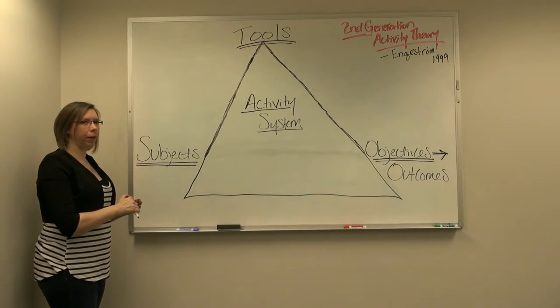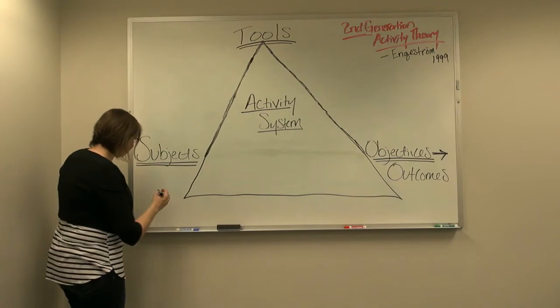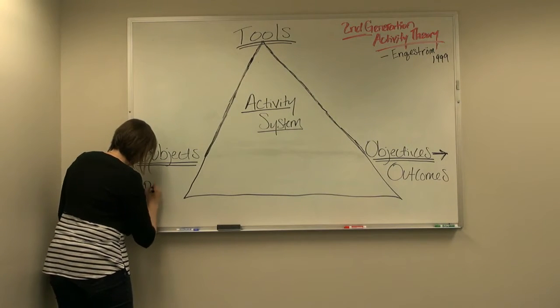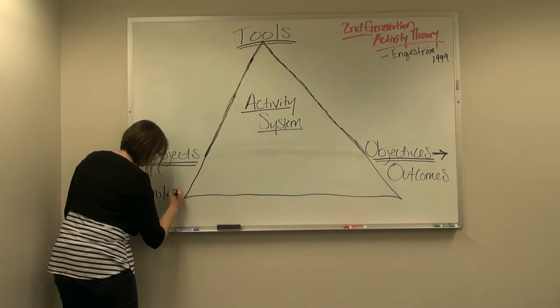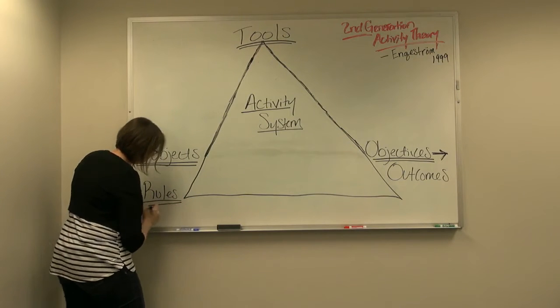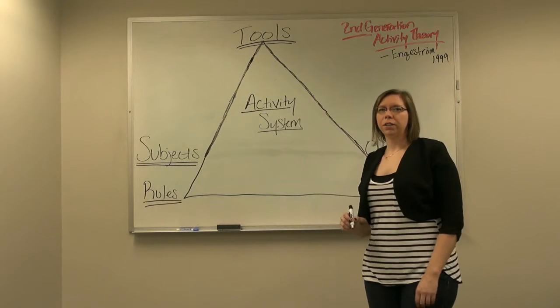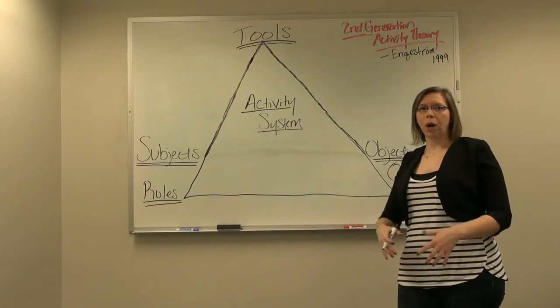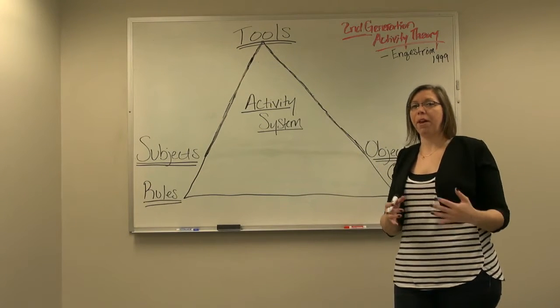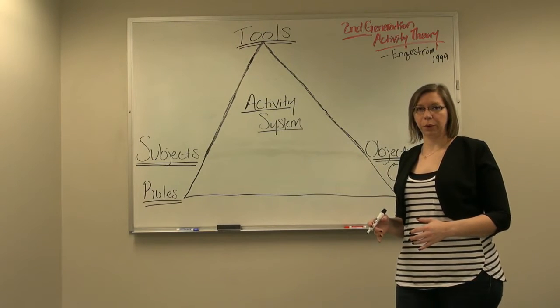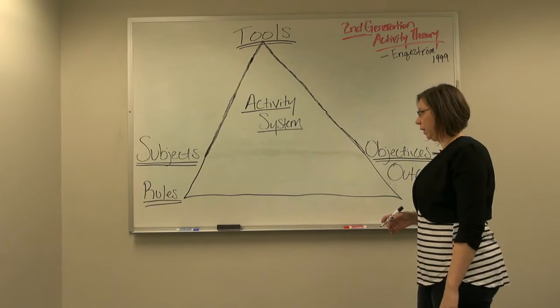So the first element is rules. These are any kind of norms or procedures, common methods that people go through within this activity system.